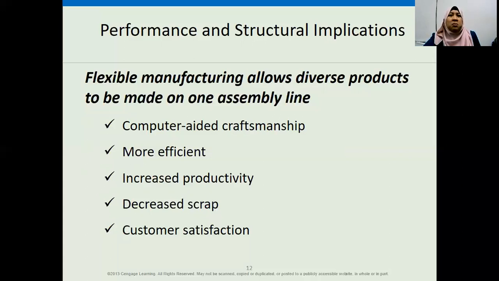We're talking about resources, raw materials, and your labor cost itself. So decreased scrap indirectly makes sure that your performance is on track.